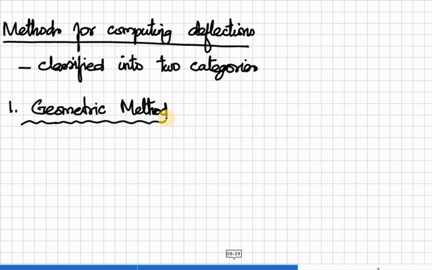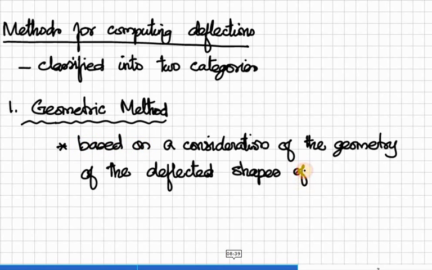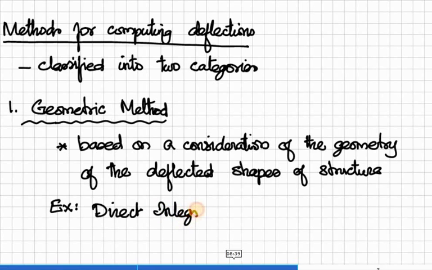So it is based on a consideration of the geometry of the deflected shapes of structures. Example, direct integration method, superposition method, moment area method, conjugate beam method, etc.